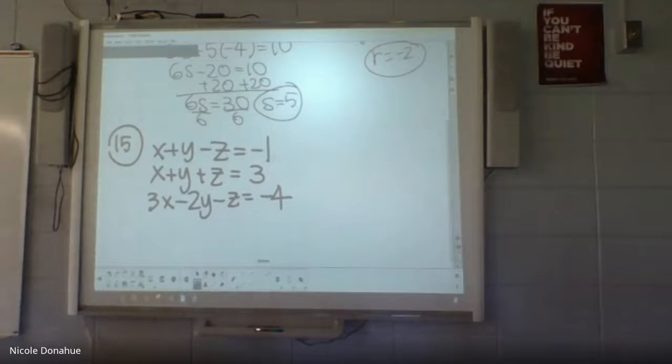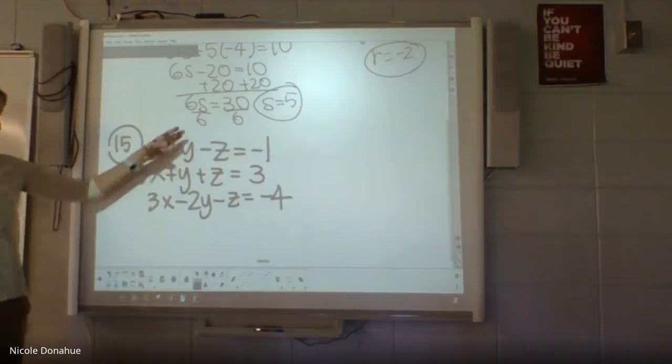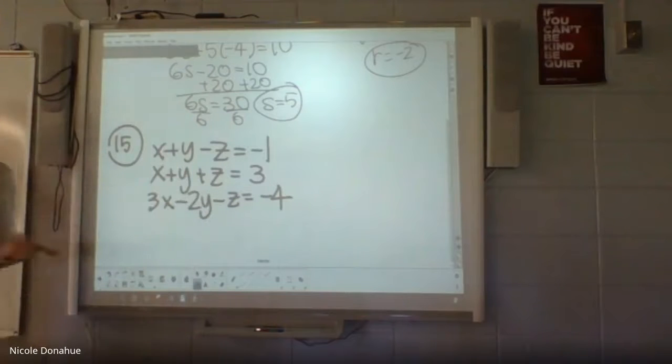Pretty straightforward here. So right away, there's a variable that jumps out at me that looks easiest to get rid of. What do you guys think? I would probably say the z, because all of the z's have the same coefficient, just a positive or negative version of it.